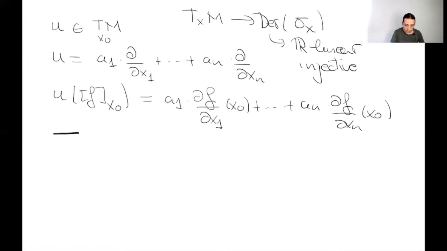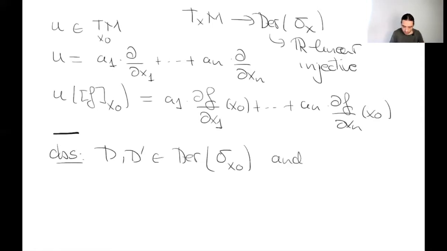We are going to see that if we have two derivations, let's say d and d prime, that are derivations of the space of germs at the point x0, and these derivations satisfy that, okay, x0, let's consider coordinates for that point, for instance, a1, a2, and so on.